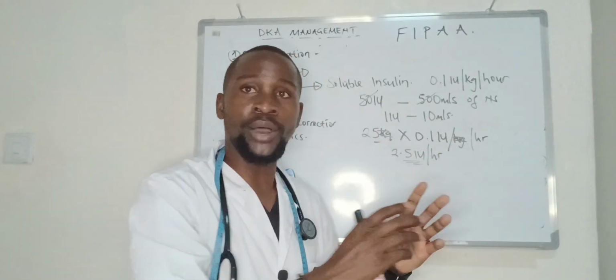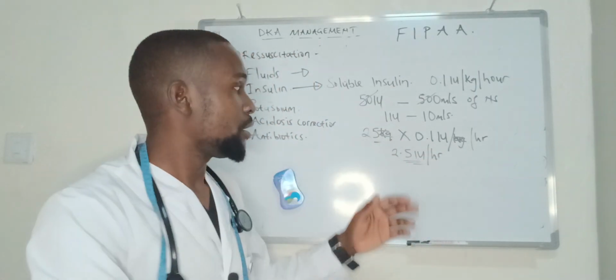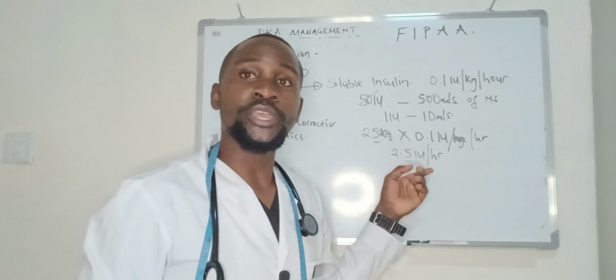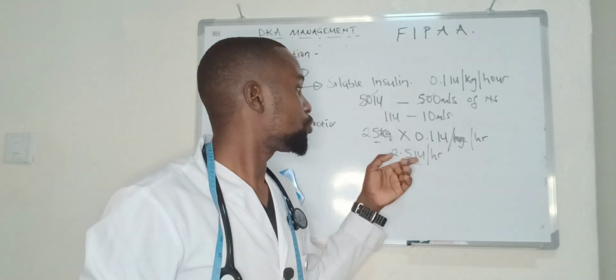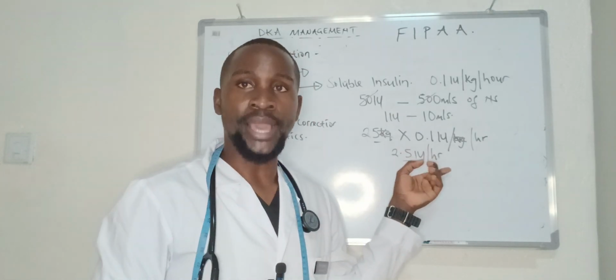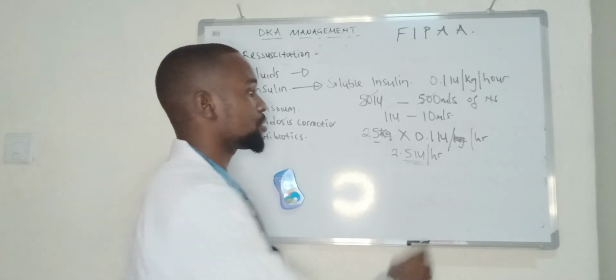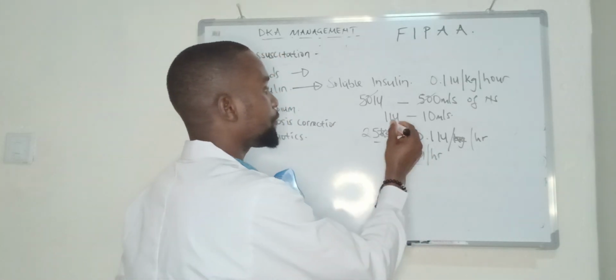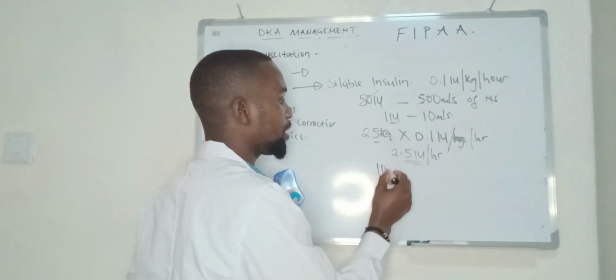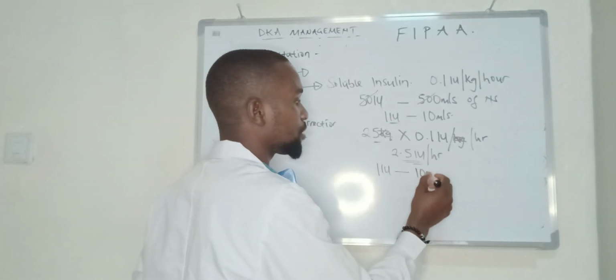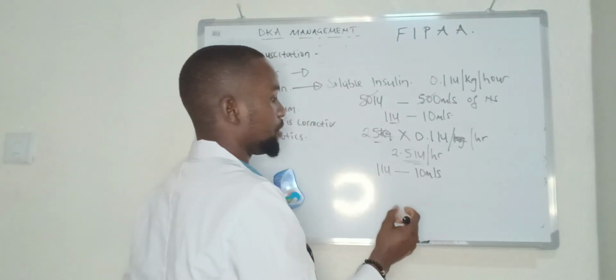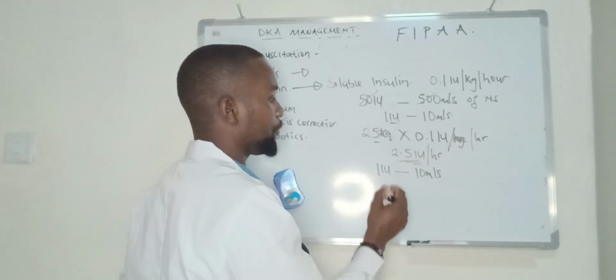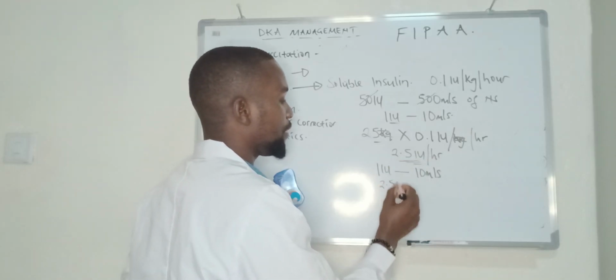How many mils per hour are we going to set so that we are able to deliver 2.5 international units per hour? We need to convert this. If 1 international unit is equal to 10 mils, then what about 2.5 international units?